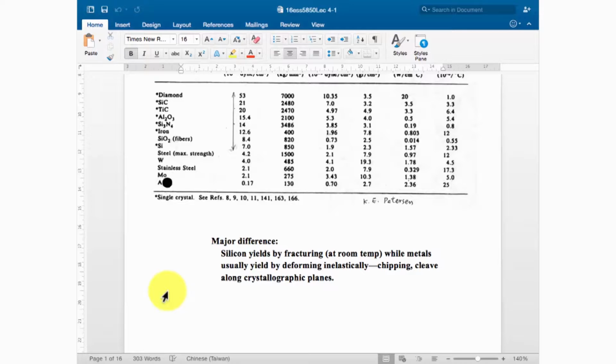Because at a small scale, the structure of the material will be closer to a single crystalline structure. Even for polycrystalline material, if you keep shrinking your mechanical structure, it will approach the size of a single grain. You understand? That means it will be closer to a single crystalline material.